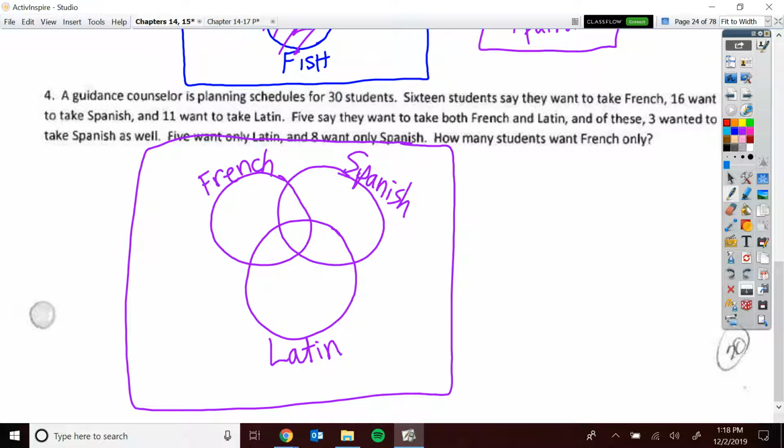Go. 5 want to take both French and Latin, and of those, 3 want to take Spanish as well. That's your start. 3 take all.